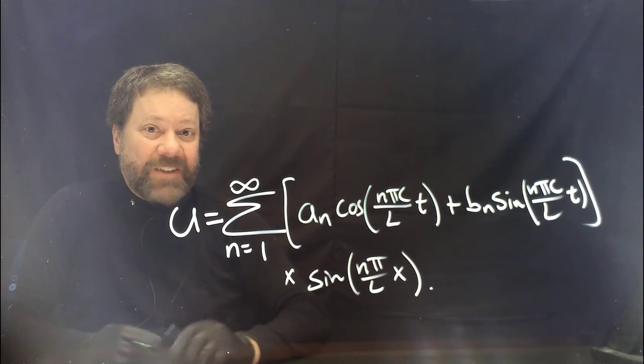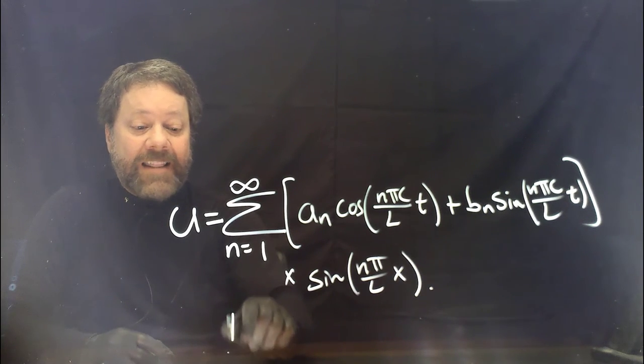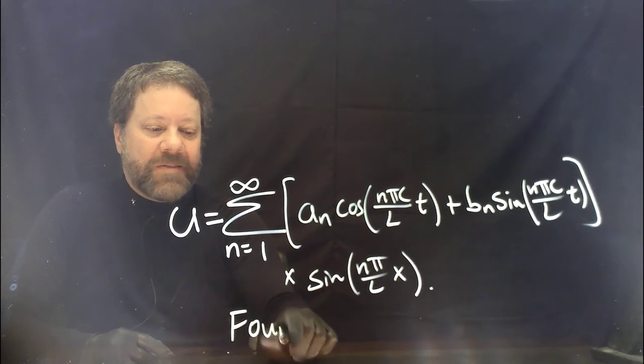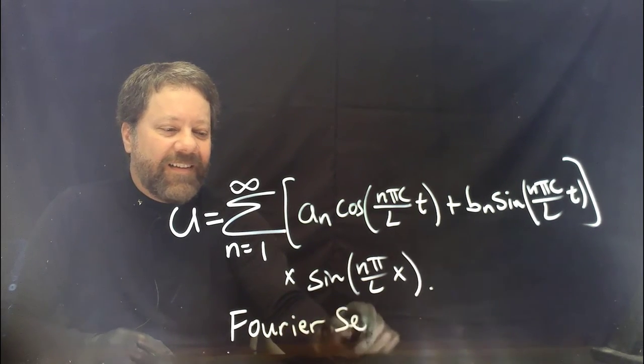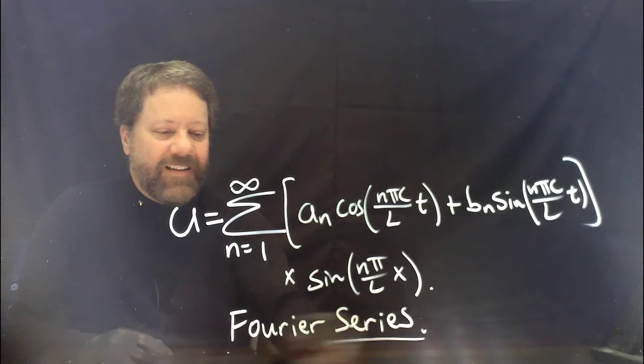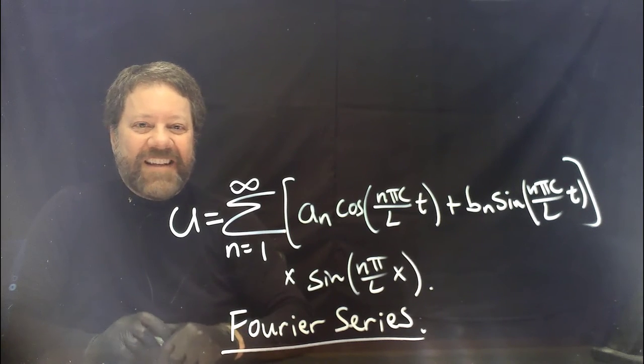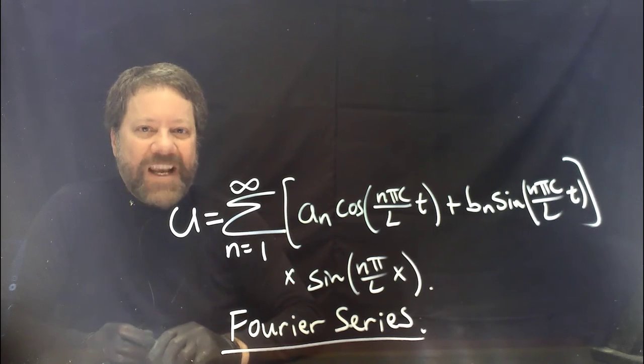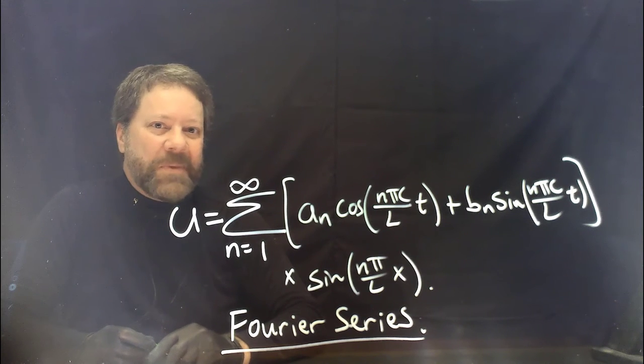The beautiful thing to recognize about this is that this is a double Fourier series. We've been studying this. This is a beautiful application of the theory that we've already developed.